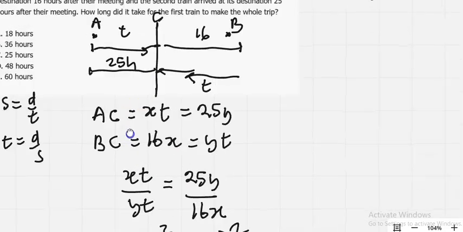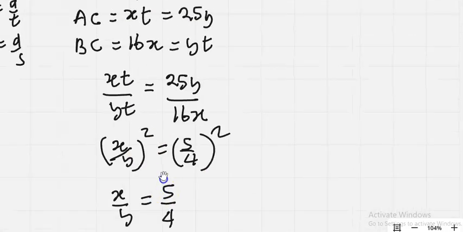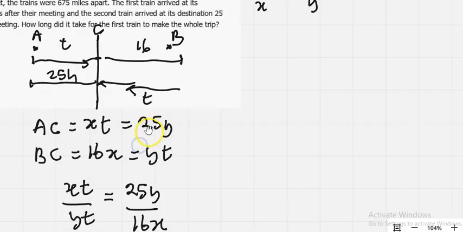Now in the question, we are told that after 3 hours, let's keep that x over y is 5 over 4. We are told that after 3 hours, the distance between the two trains is 675 miles. So 3 hours after they leave, the distance covered by A will be 3x, and distance covered by B is 3y.